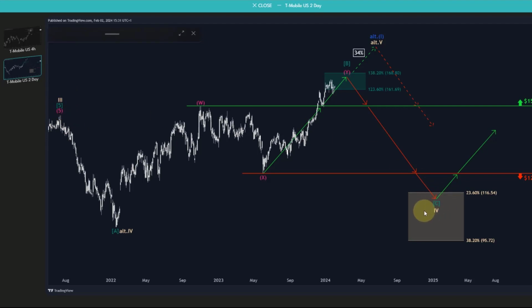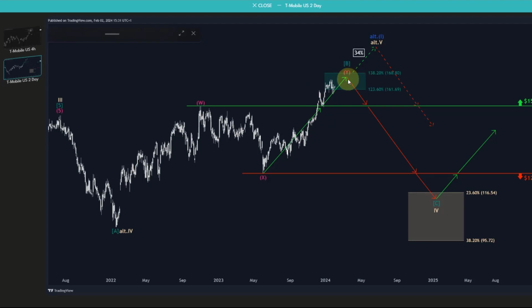The idea is that a flat structure is forming here in which an A wave, which is the first leg of such an ABC correction, completed basically early in 2022. Now a B wave is unfolding. It seems to be an overshooting B wave.